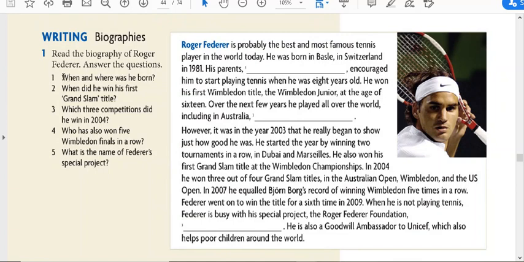The first question: when and where was he born? We talk about here Roger Federer. Then when did he win the first Grand Slam title? Till we get to this point: what is the name of Federer's special project?